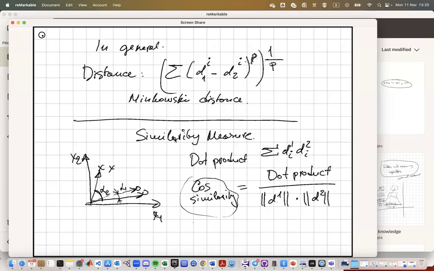So if angle alpha 1 is smaller than alpha 2, and this was our, say, d1, and this one is d2, then d1 is more similar.